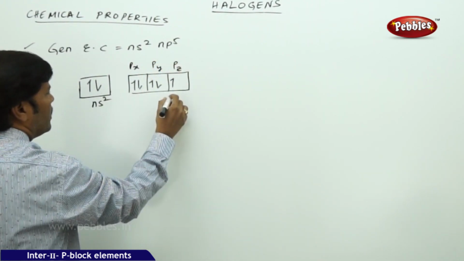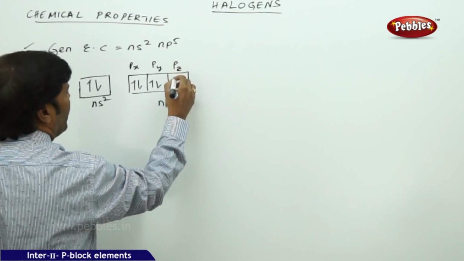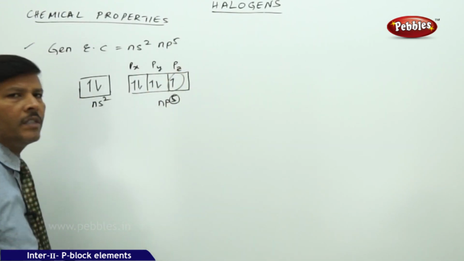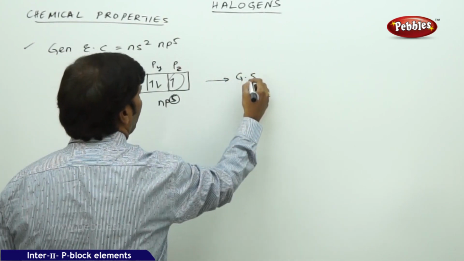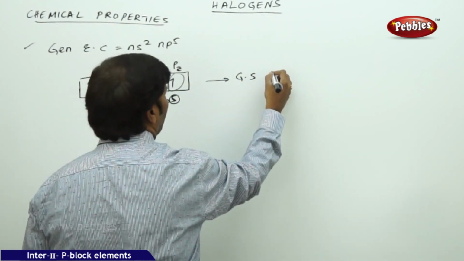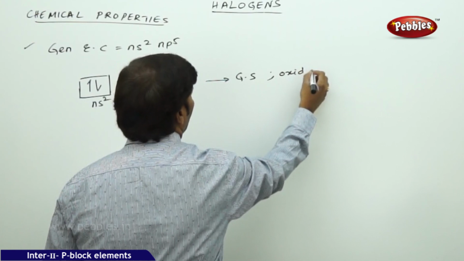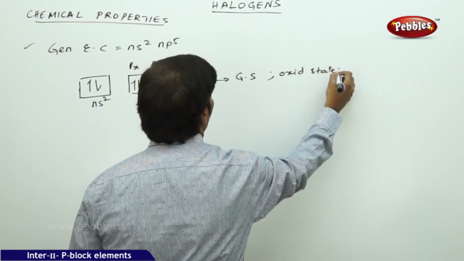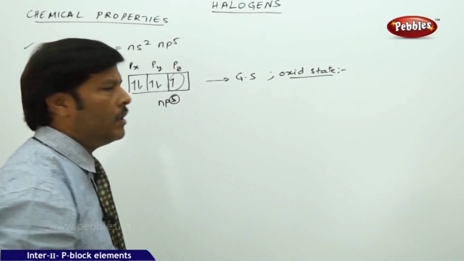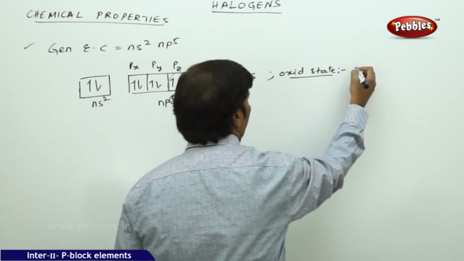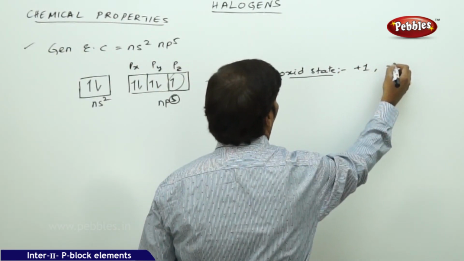But here what you are noticing is that it contains 1 unpaired electron. When it is having 1 unpaired electron, if I consider this configuration as the ground state, then I can say that the oxidation state of all halogens in the ground state is either +1 or -1.